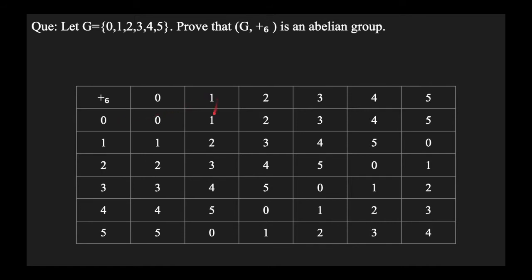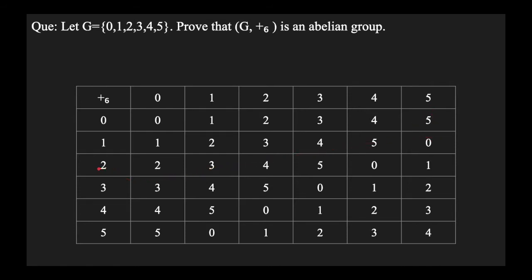Same way, 0 plus 1, that is 1, 1 divided by 6, that is 1. So all these entries will be the same. Now in the second row, 1 plus 4, that is 5, so 5 divided by 6, 5. Now 1 plus 5, 6, 6 divided by 6, so remainder is 0.